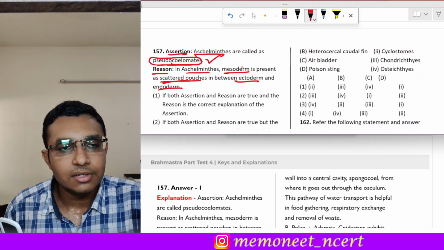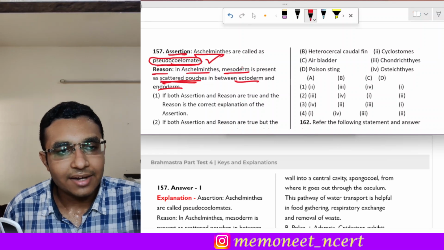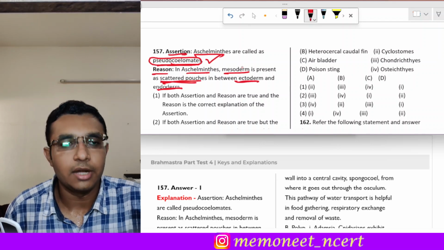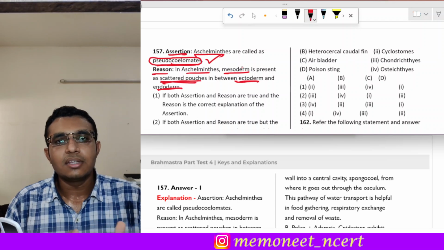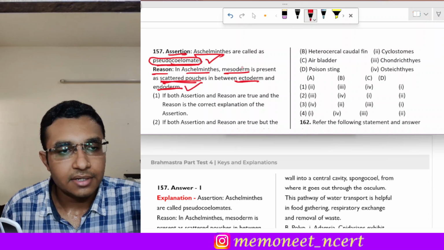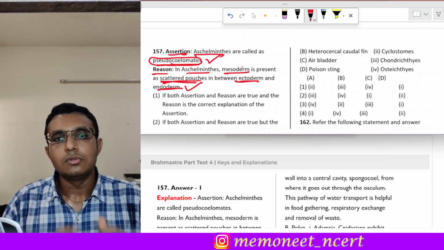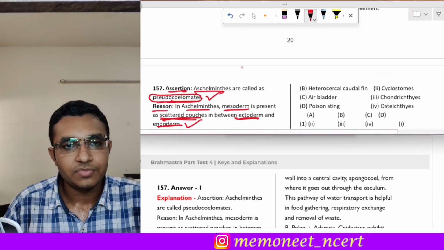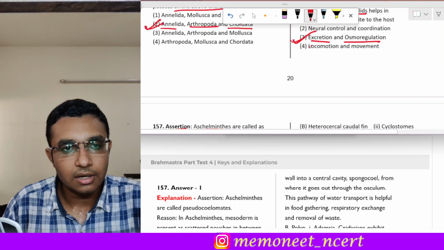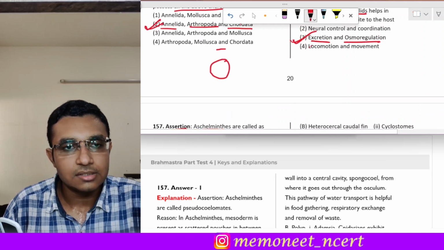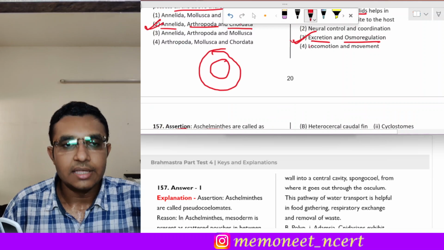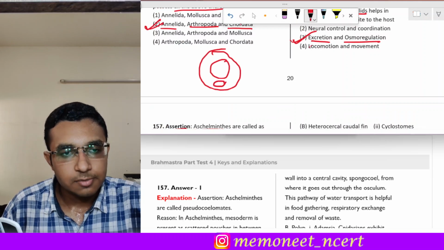The reason given here for the assertion is that in Aschelminthes the mesoderm is present as scattered pouches in between ectoderm and endoderm. So see, the reason given here is correct, and it is the correct explanation of the assertion also. Why? Because see, what happens in pseudocoelomate animals is that if you imagine this is the endoderm and this is the ectoderm, in pseudocoelomates the mesoderm is present like this.